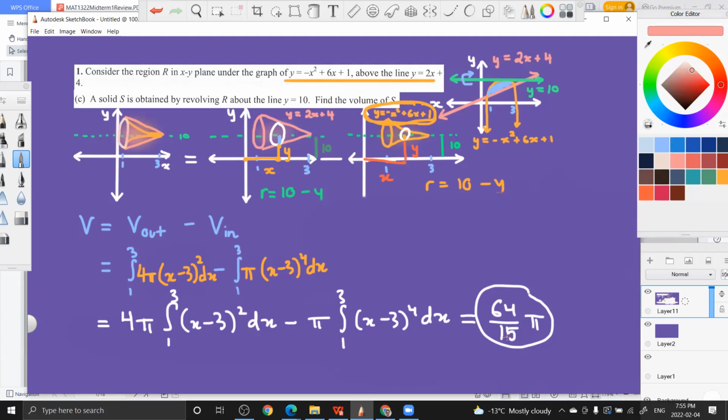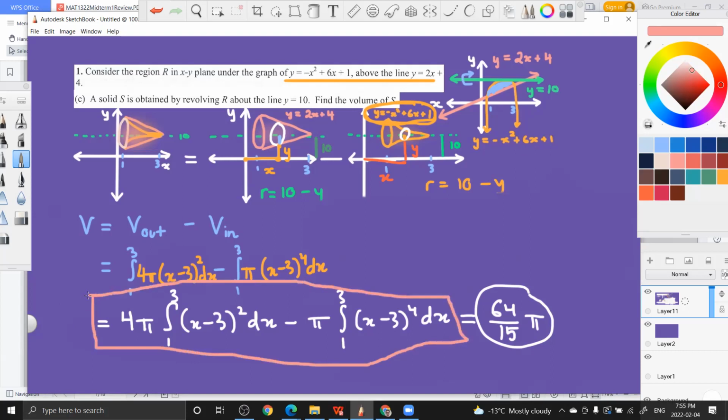Yeah, I got 40 over 3 pi. Okay. Perhaps we should go over this integral together. It'll be much simpler to explain if we solve this integral together. So let me show you how this gets to 64 over 15 pi.